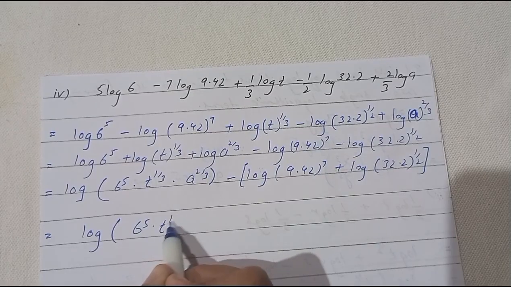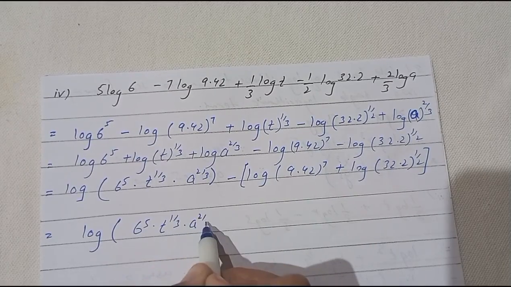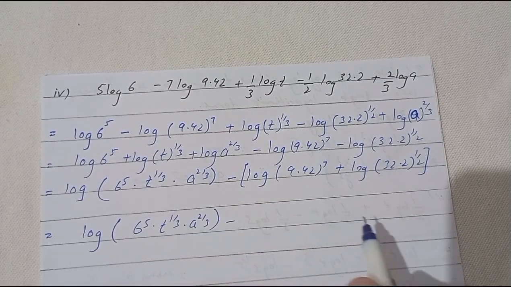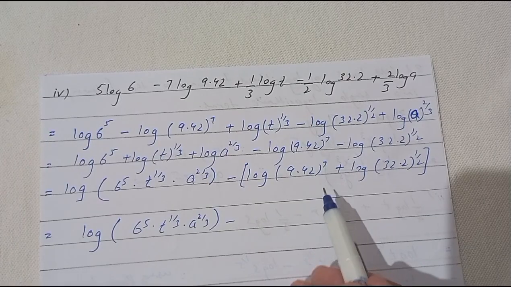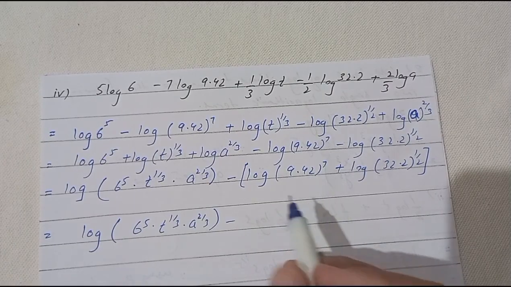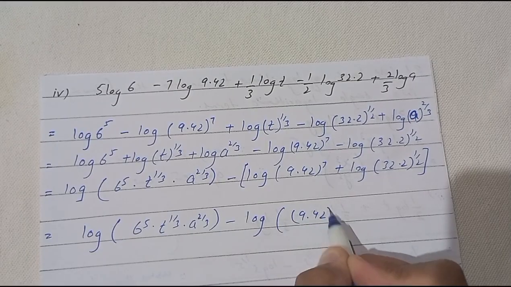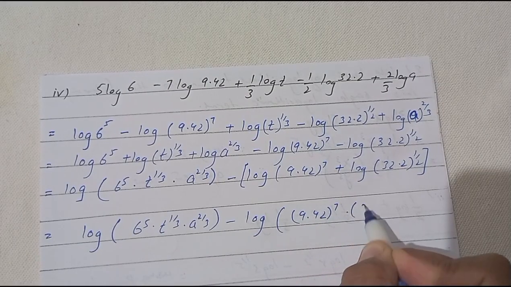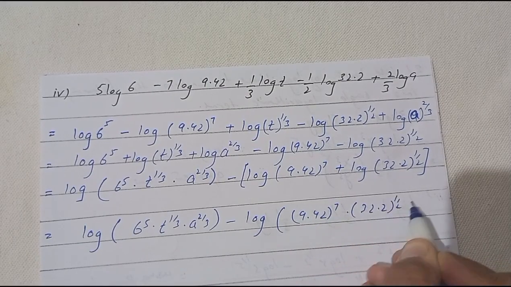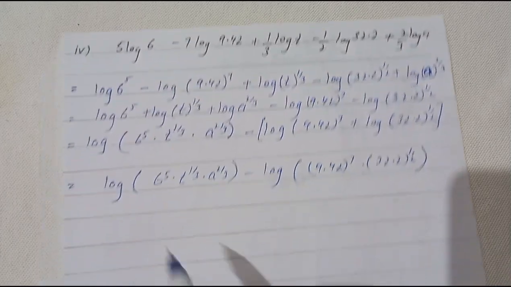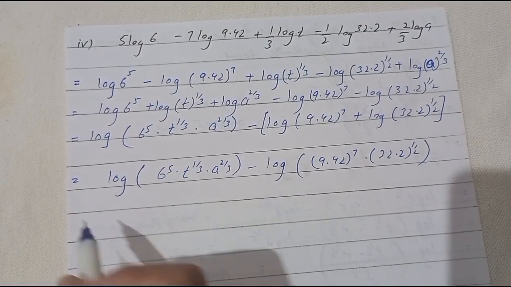Now apply the product law on the second terms. Applying the product law, we can write both terms as a product within a single log, that is log of 9.42 power 7 multiply 32.2 power 1 by 2.